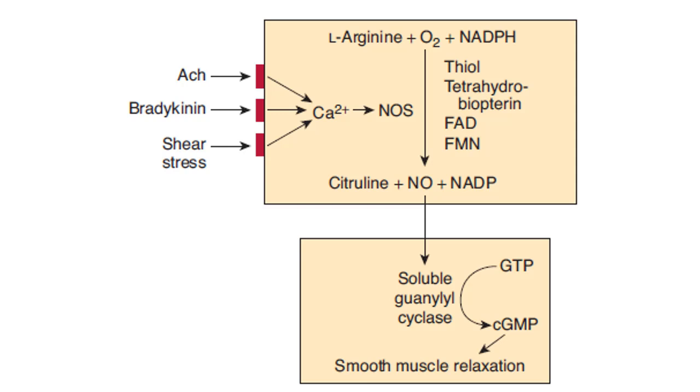Also, some vessel constrictors such as angiotensin II can produce nitric oxide. Yes, it's important. Angiotensin II can produce nitric oxide because angiotensin II is a very powerful vasoconstrictor.